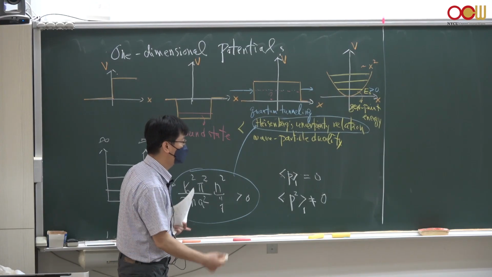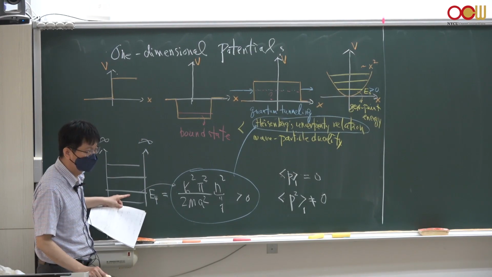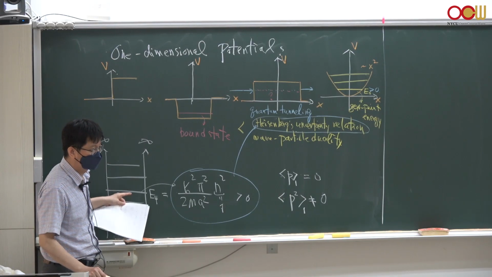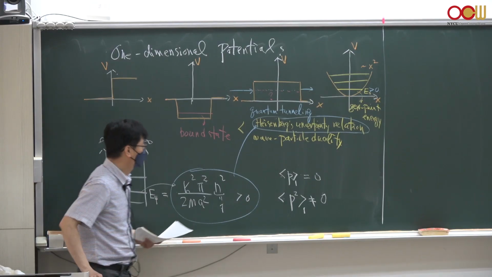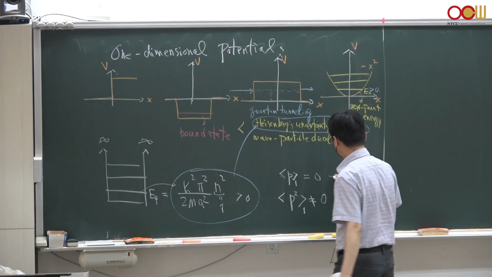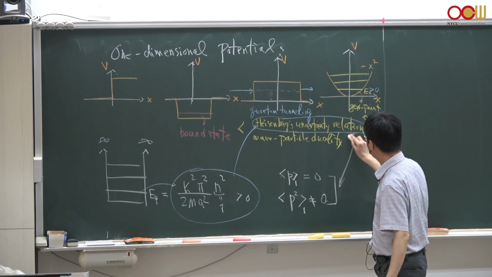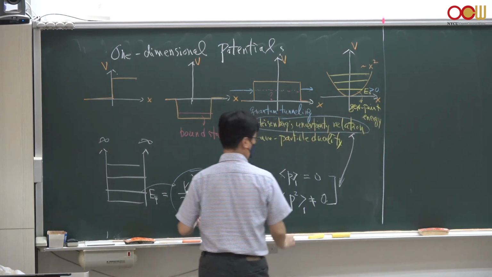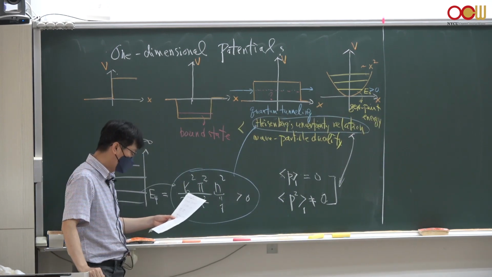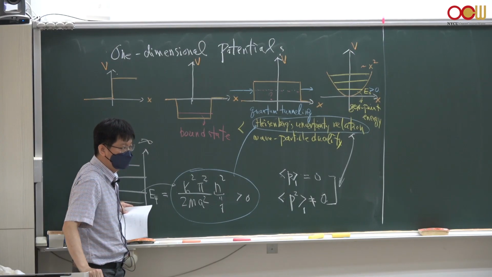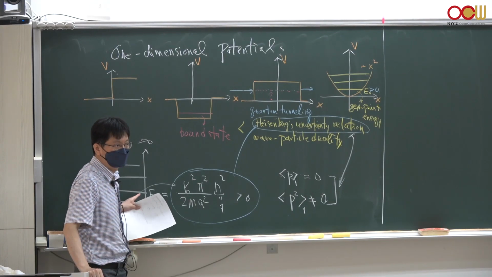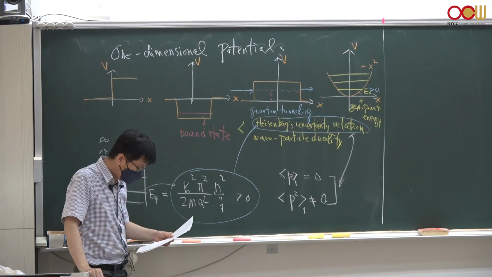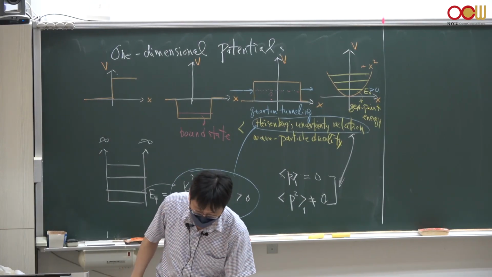So how do we understand this important consequence of the finite ground state energy? We can only make sense of it by the Heisenberg uncertainty relation. Because of this, we can argue and show that the minimum energy of the system has to be greater than or equal to E1. So we will get that later.